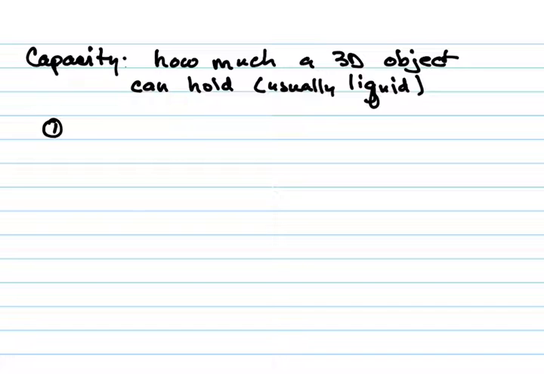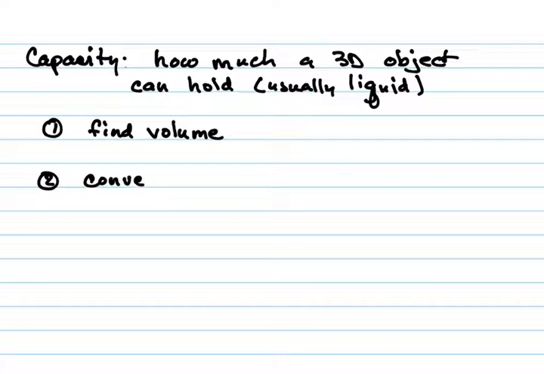To find capacity, the first thing is that you have to find the volume of the shape. So you see why it's natural that these two do go together, because you always have to find the volume. And then it's simply a matter of converting to liters. So whatever that volume is, it's going to be given to you in measures of length, meters, etc. But you're going to have to convert it to liters.